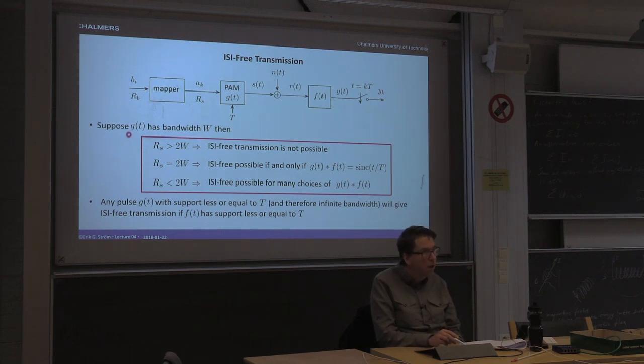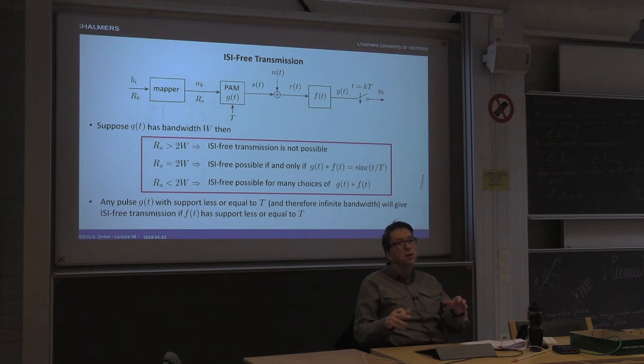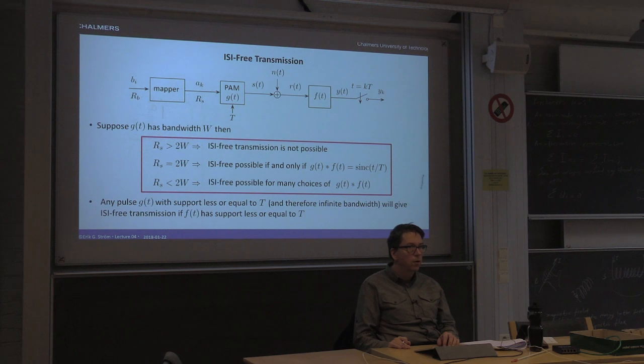Now, suppose G has bandwidth W, so it's now band limited, which means that it cannot be time limited. Something which is band limited cannot be time limited. Something which is time limited cannot be band limited. That's an unfortunate fact of life. It would be nice if we could have something which is both time limited and band limited. We cannot.